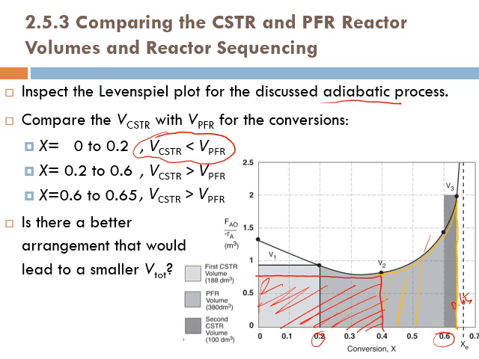So in this arrangement, we have fewer reactors. Instead of 3, we only need 2. And we should start with a CSTR. That will give me a conversion of 0.4. That is a better arrangement where the V total is less, and even the number of reactors is less.